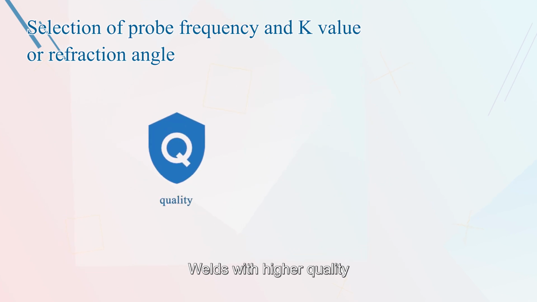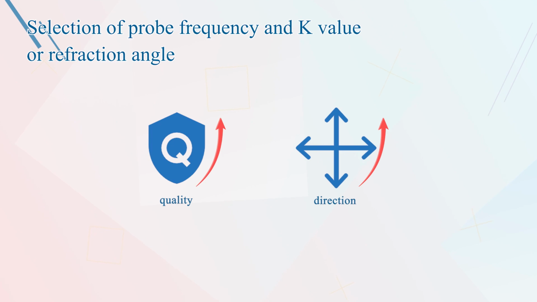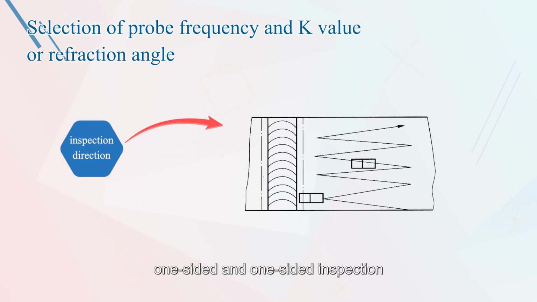Welds with higher quality requirements require more sound beam incident directions to find defects with different orientations as much as possible. The inspection direction is at least single-sided and single-direction inspection.